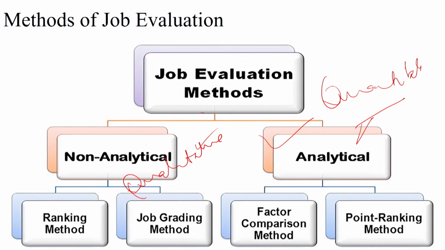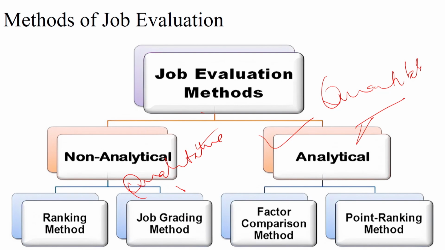The qualitative methods are very inexpensive, but there can be more chances of bias creeping in. In the non-analytical methods, there are different ways by which we come to the conclusion of job evaluation. They are generally very simple and more flexible, and are used in small organizations and governmental units. We have to bear in mind that the qualitative methods are for small organizations.